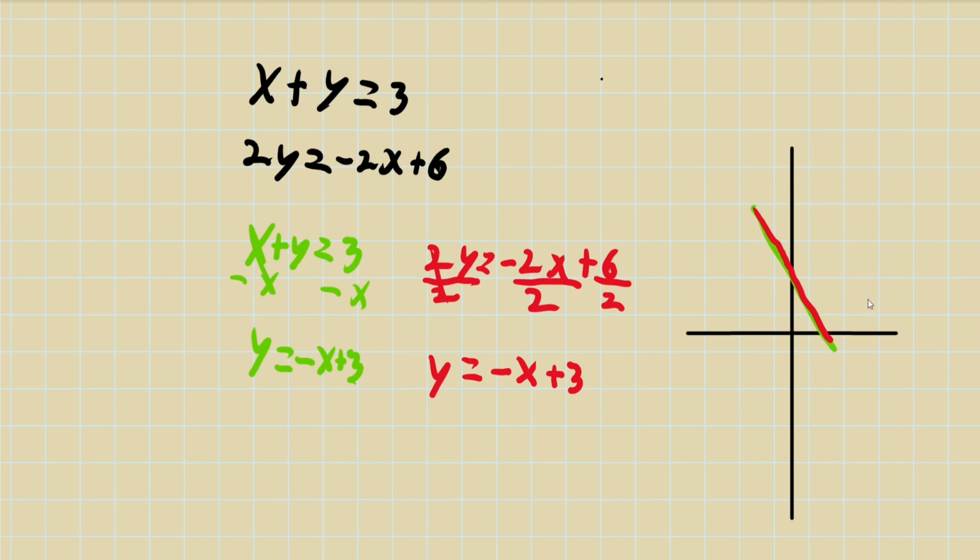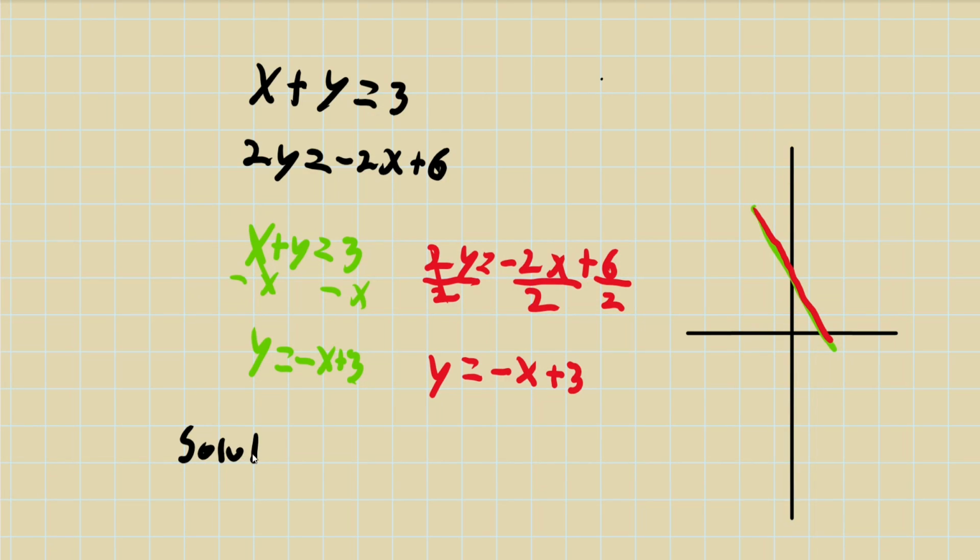So what is the solution for this system? Well, if you think about it, anything on the line will be the same for both of these equations, because remember they are the same equation.